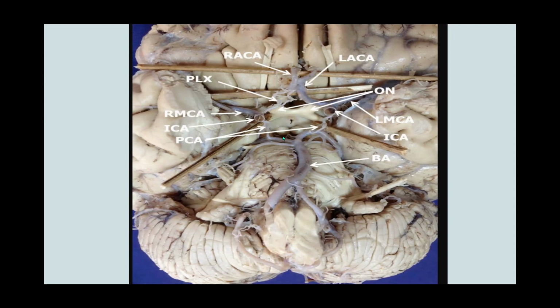And then we can see the basilar artery giving out these terminal branches, the posterior cerebral arteries, right and left. And there we will also see the superior cerebellar arteries emerging from the basilar artery. Right there we can see the internal carotid.